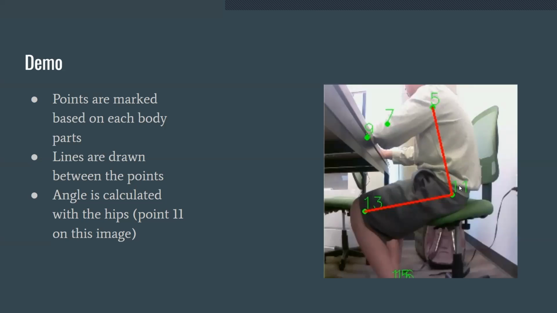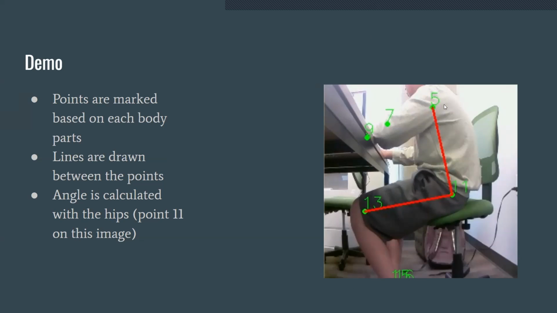And also, because TensorFlow gives us the coordinates of the points located on the image, when a point is marked on the image, there's an x-axis and y-axis. When the x-axis increases, it goes to the right.